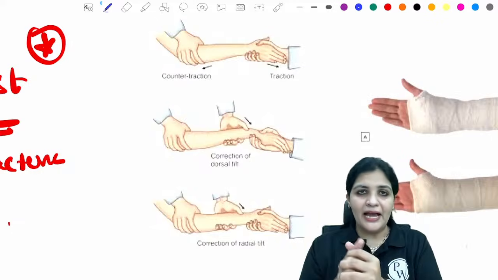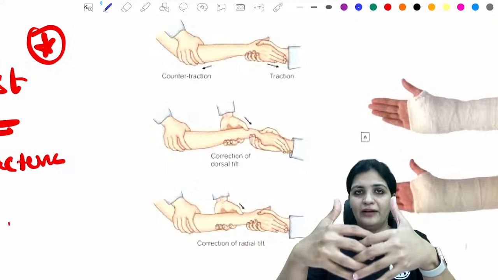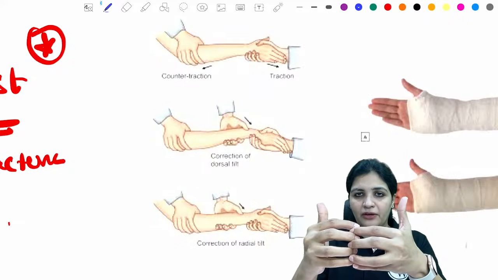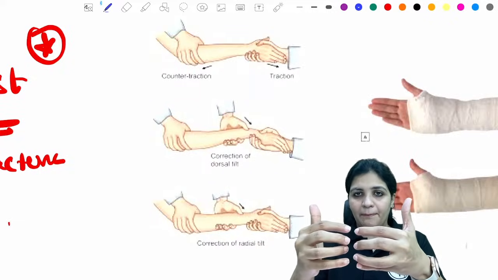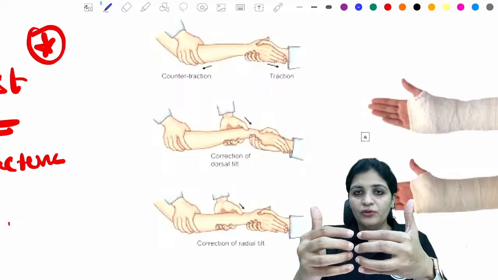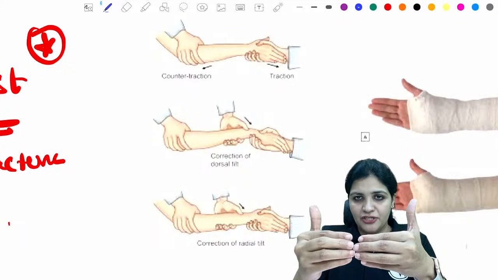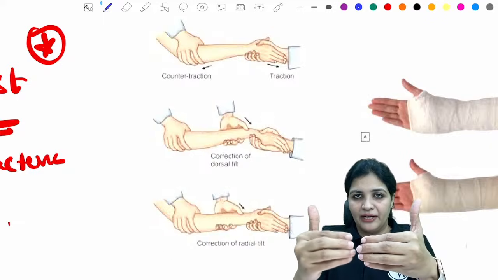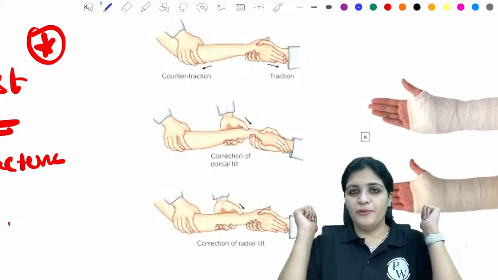So how are you doing that? Here we do a controlled traction. The fragments are like this, then you give a controlled traction, and they become a little apart from each other. Then you make the appropriate corrections. If it has gone medial, you correct it to the center. If it has gone lateral, you correct it to the center, and then you fix it in a position, right?